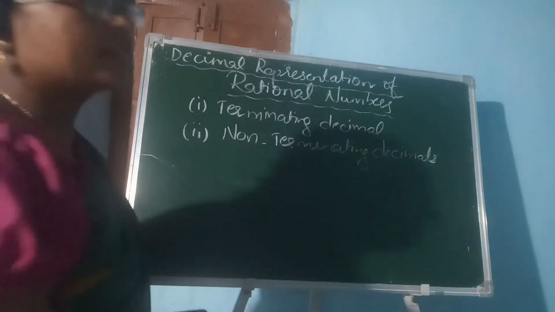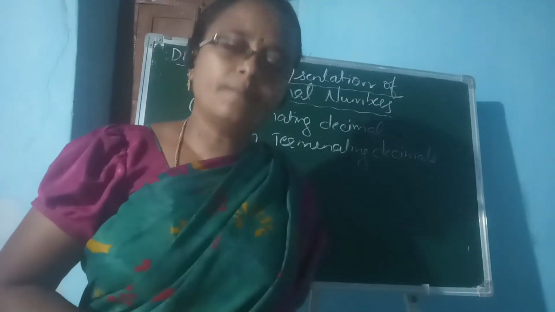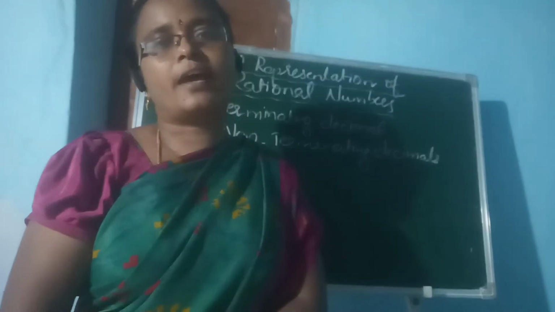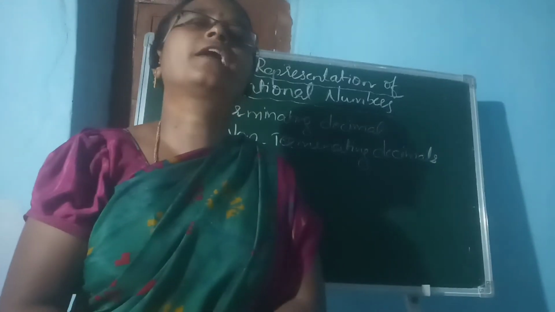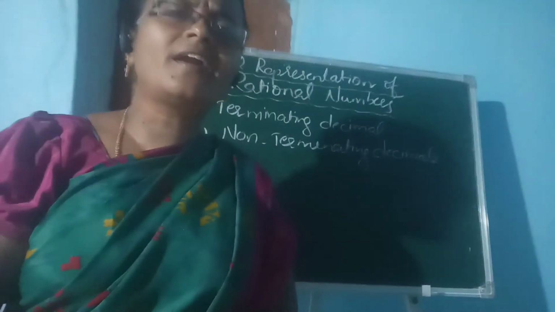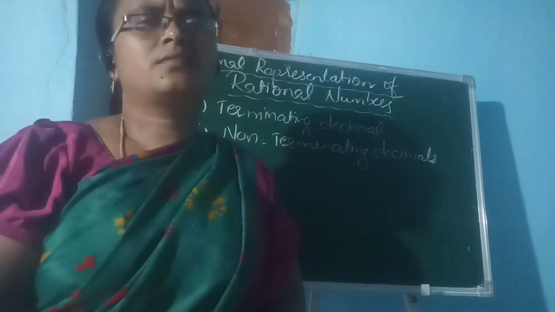So we shall consider the first one, terminating decimals. The word terminate itself means to get an end. So what gets an end? Is there any end for the numbers? We shall see here.